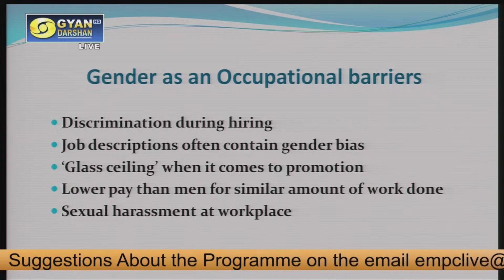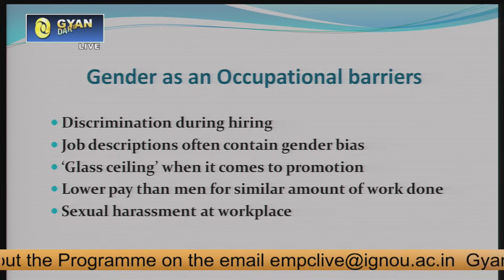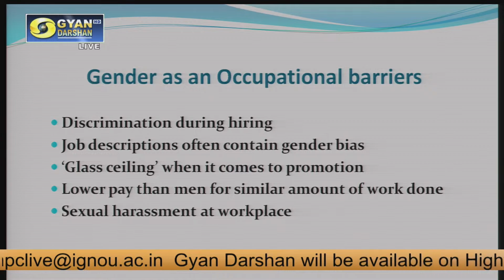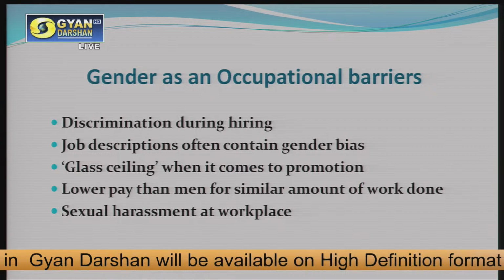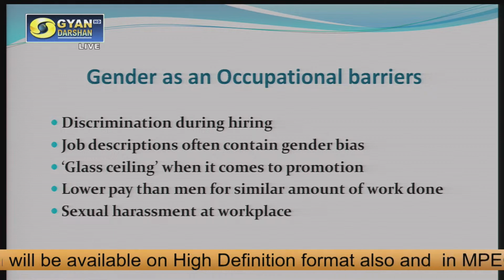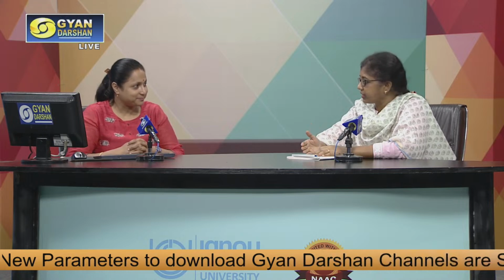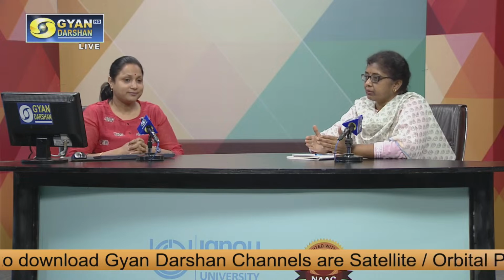And what are these occupational barriers? Discrimination during hiring, job descriptions that often contain gender biases, a glass ceiling when it comes to promotion, and lower pay than men for a similar amount of work done. In fact, this year's Economics Nobel laureate clearly pointed out the discrimination in the workplace: if men and women want to get the same pay, women have to work more hours to reach the level of male members in certain institutions.